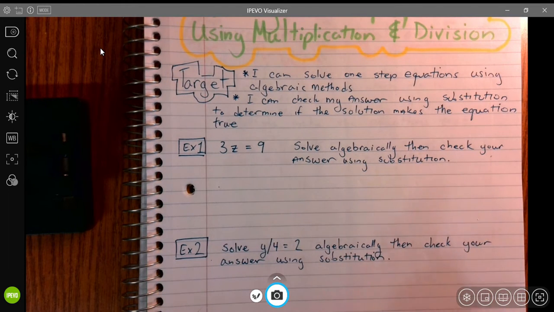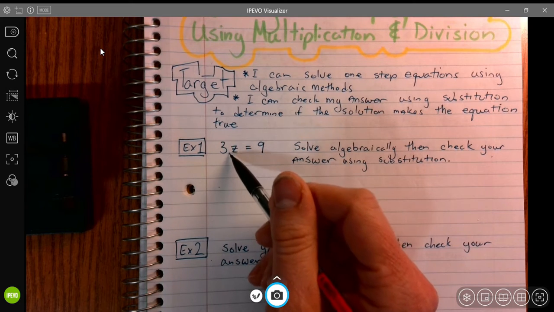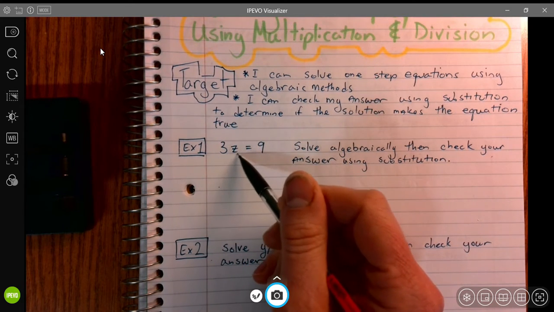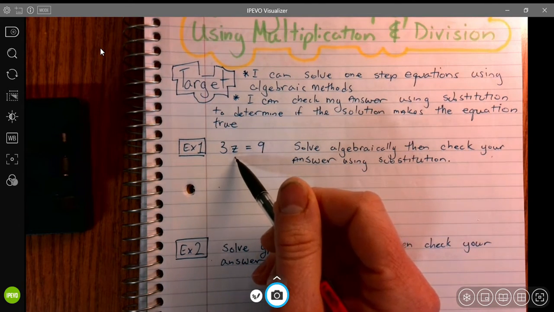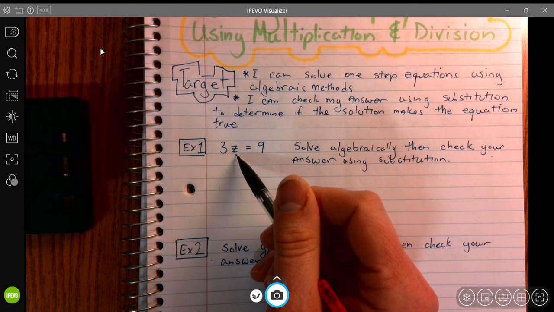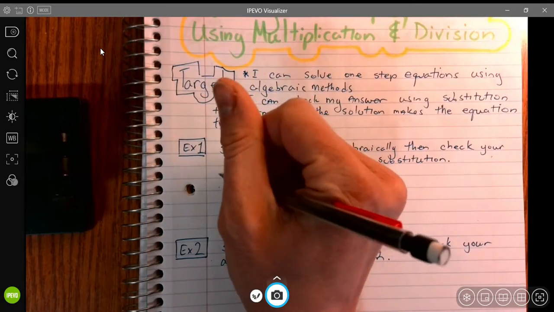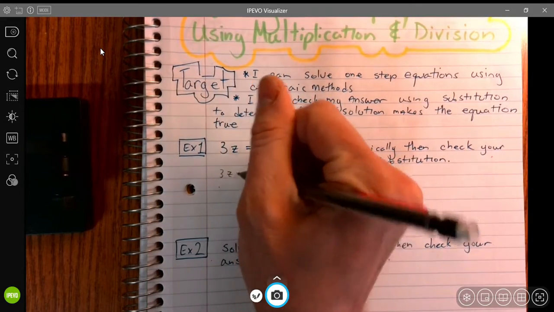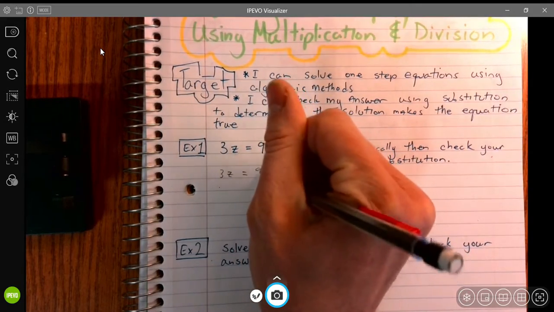Okay, and just like what we did with addition and subtraction, we need to isolate the variable to find the value of that variable, to find what that variable is worth. Okay, so I'm going to start by rewriting the question, 3z equals 9.